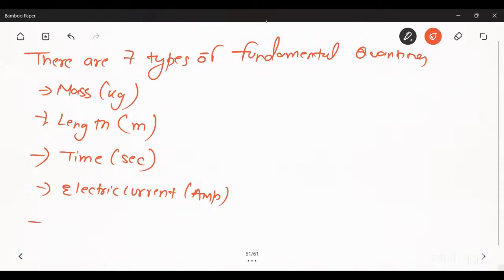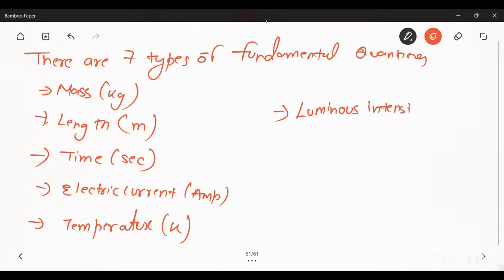Next is temperature, which has SI unit of Kelvin. 1, 2, 3, 4, 5. 6 is luminous intensity, which is measured in candela. And the last one is amount of substance, which is measured in mole.